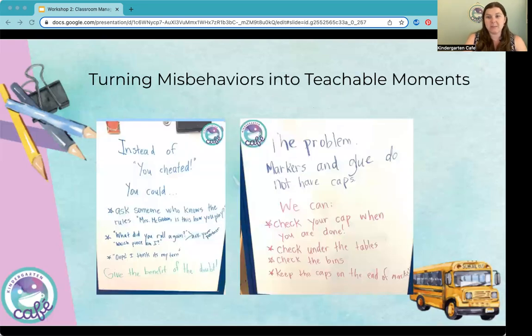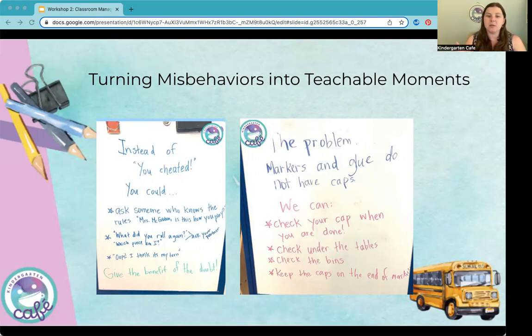Those misbehaviors, as I mentioned, are your moments to teach social skills. Not the only moment, because I still want you to do explicit instruction that involves the whole class. But when you're seeing misbehaviors, that's a chance to really target that individual instruction. You also could turn it into a whole class lesson. You could stop the class if you're noticing an issue with many kids, or you could just talk one-on-one.